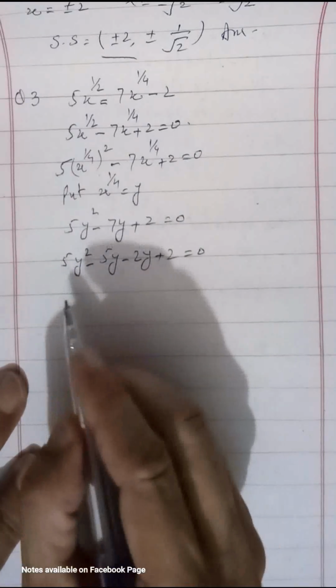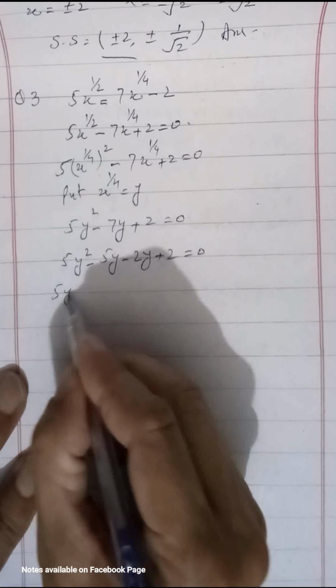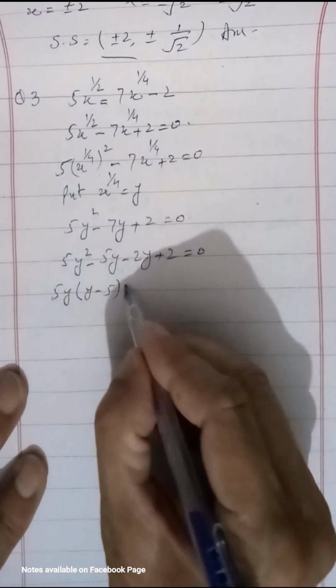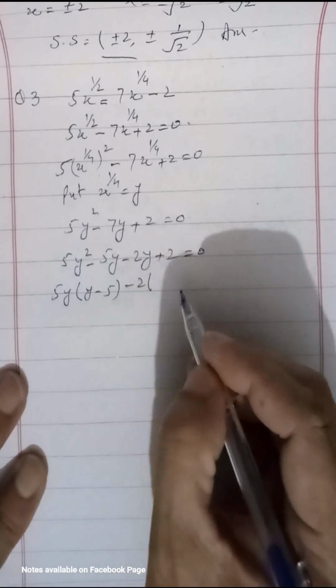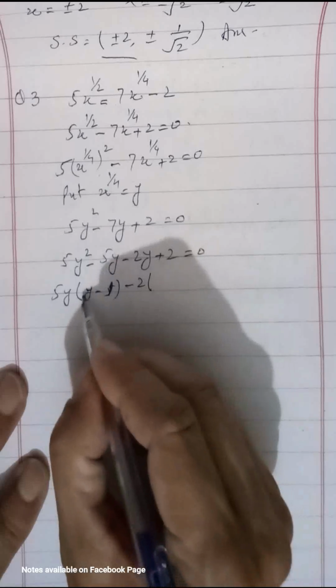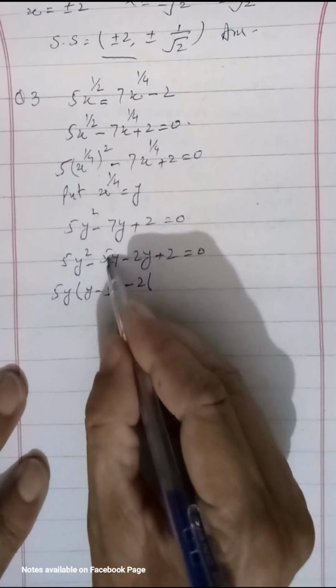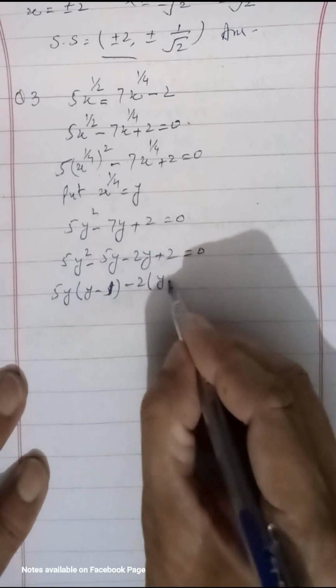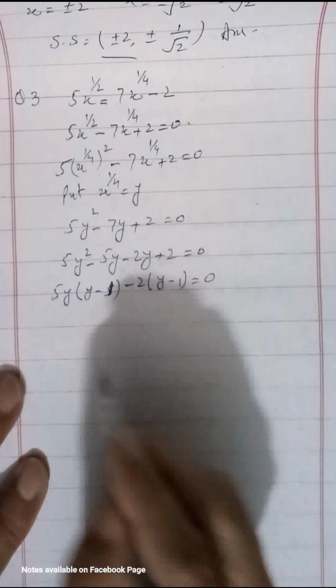From here we take common 5y, and in the bracket y minus 1, and then minus 2, here is y minus 1. We take common 5y, and this is y minus 1 is equal to 0.